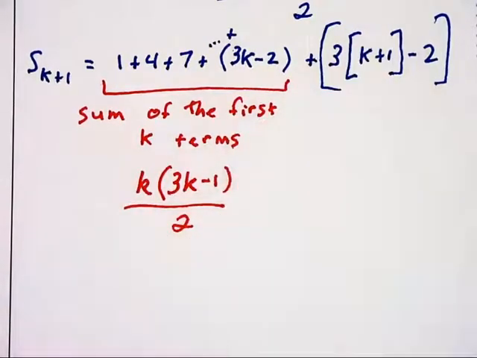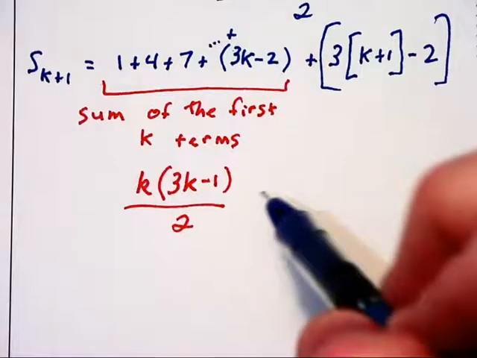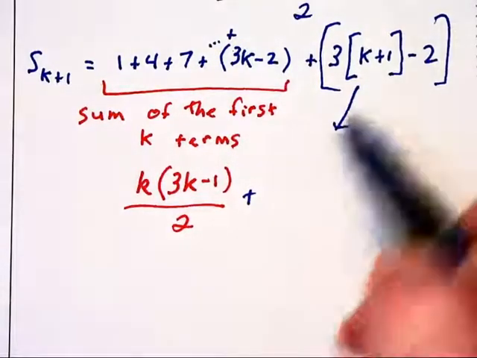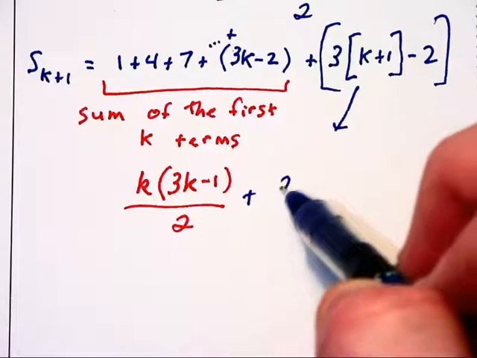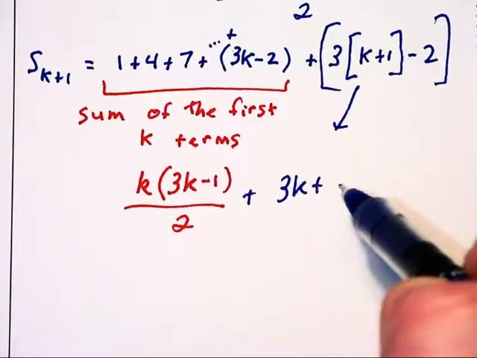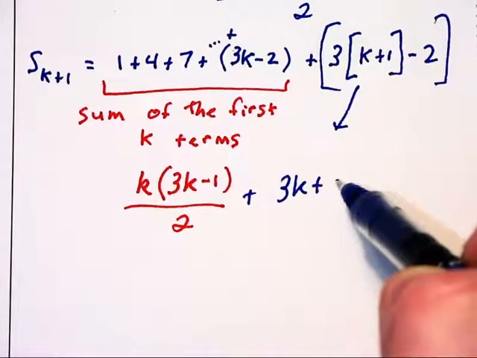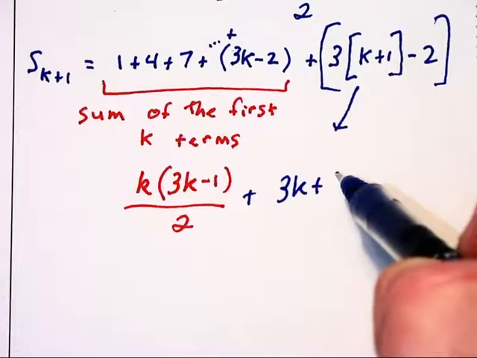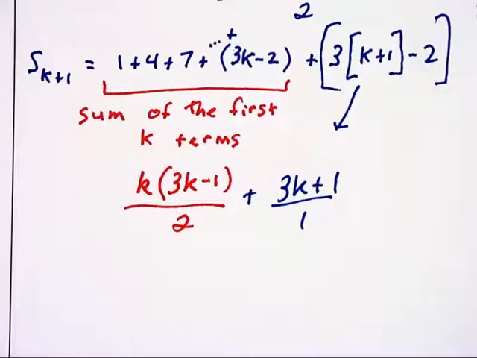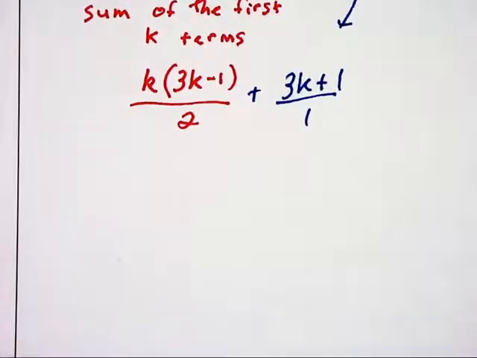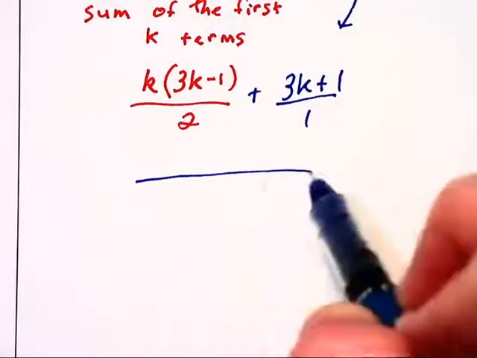We know what that's equal to. So let's add on this k plus first term from the line above, which is going to be 3k plus 3, then minus 2, which becomes plus 1. I'm going to put that over 1, and then we will add with a common denominator of 2.